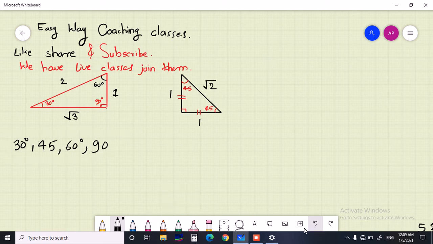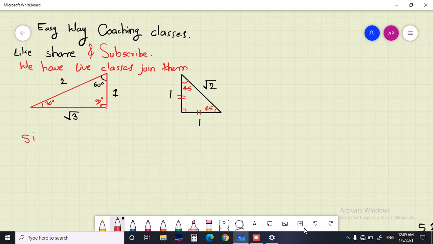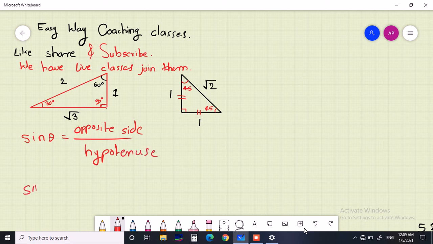First of all we will calculate the value of sine theta. What is the formula of sine theta? Opposite side upon hypotenuse. So let us calculate sine 30 degree.